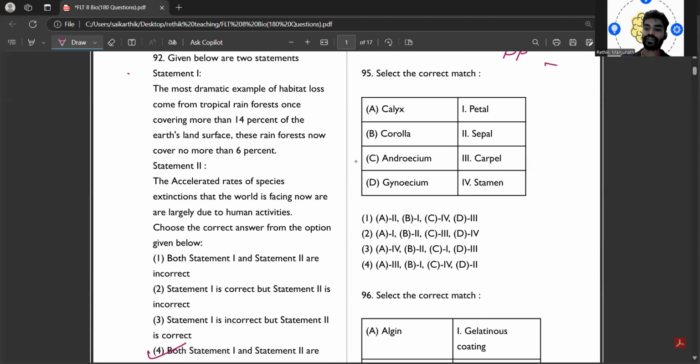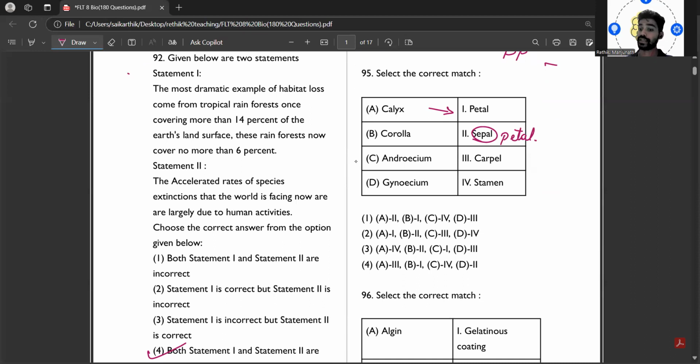Next is the 95th question, select the correct match. Corolla does not belong to the sepal, it actually belongs to the petal. I hope you are very aware of the basics.